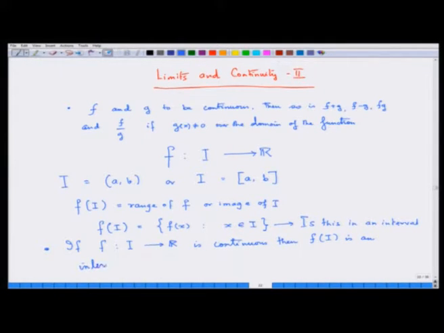This is a very fundamental result, truly important. I will put a red sign around it to tell you that this result is very, very important. What is the conclusion of this result? Okay, this is very interesting, that the image is also an interval.